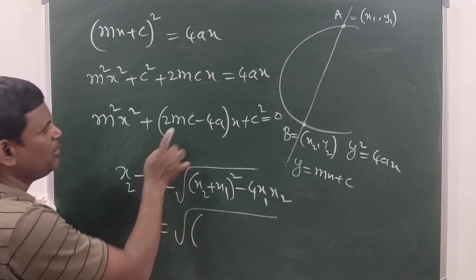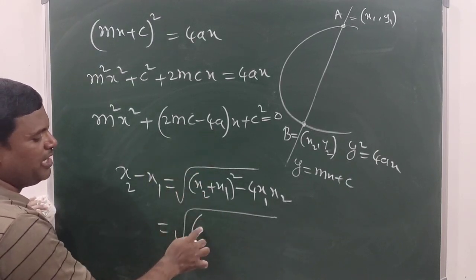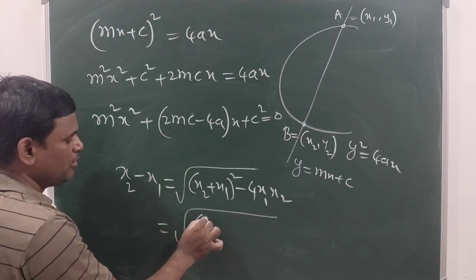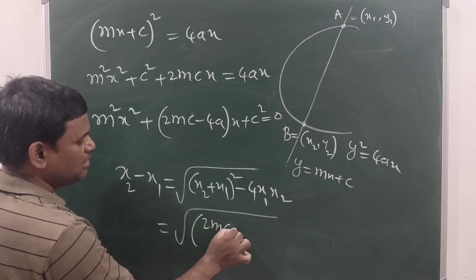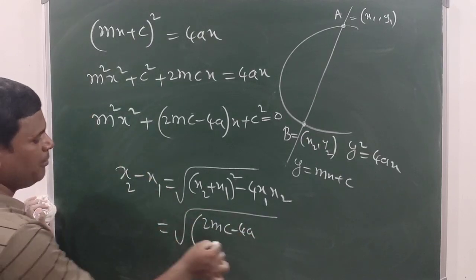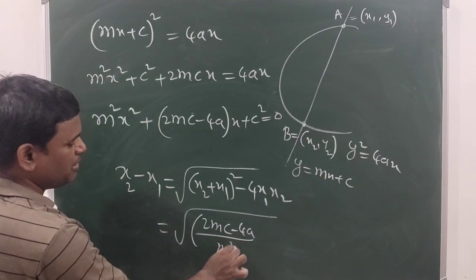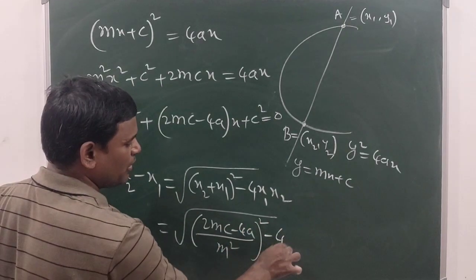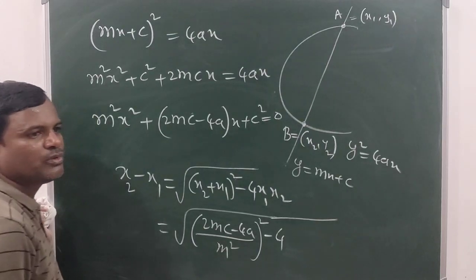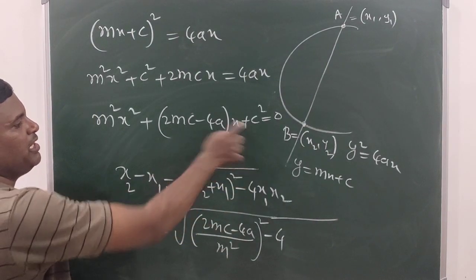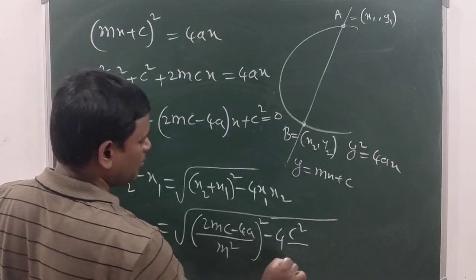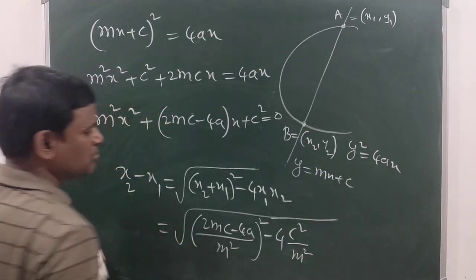Minus b means this one, minus becomes positive because the whole square is there. So here (2mc minus 4a) by a, a means m square, minus b by a whole square, minus 4 into x1 x2. x1 x2 is how much? c by a. So here c square by m square. Now simplify this.